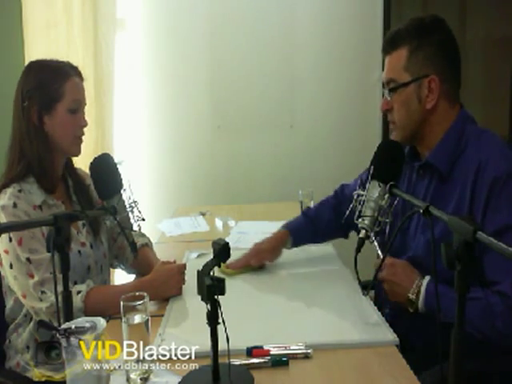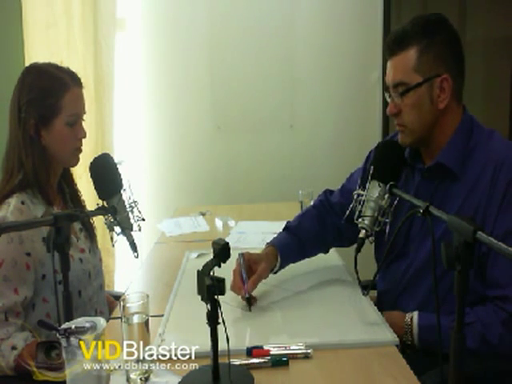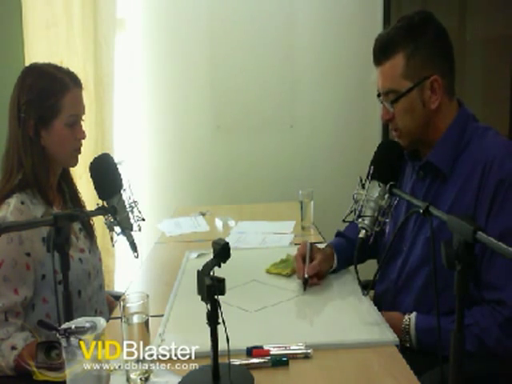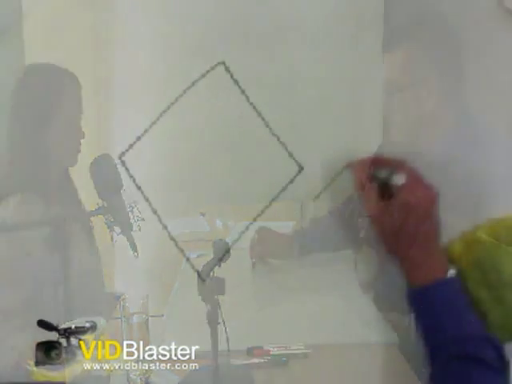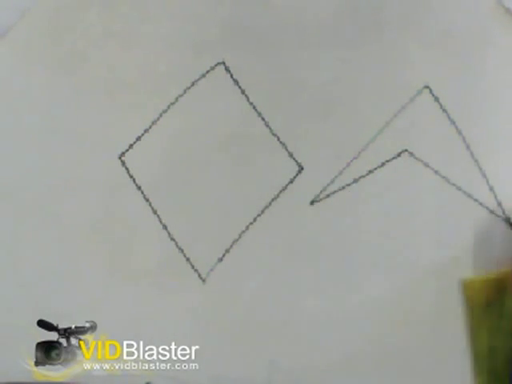Let's put two drawings on here. The basic quadrilateral shape, I'm going to try and draw it so that it doesn't look like a particular quadrilateral. And then this type of idea.